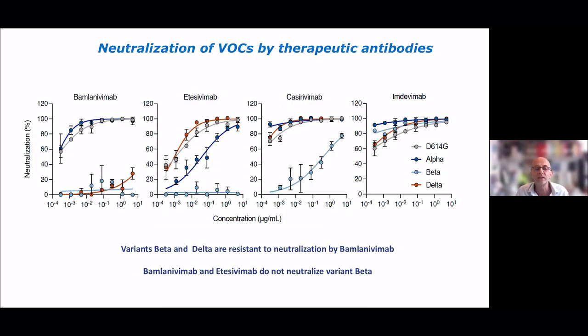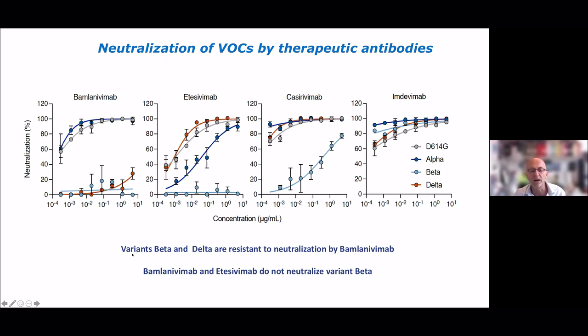So we first tested the sensitivity of the different variants of concern to monoclonal antibodies. Some of them are currently in clinical use, including bamlanivimab. Actually, this one is no longer in use because, as you can see here, it is totally inactive against Delta as well as the Beta variant, whereas the other antibodies here, those three remaining, display different kinds of sensitivity or efficacy against the Delta variant.